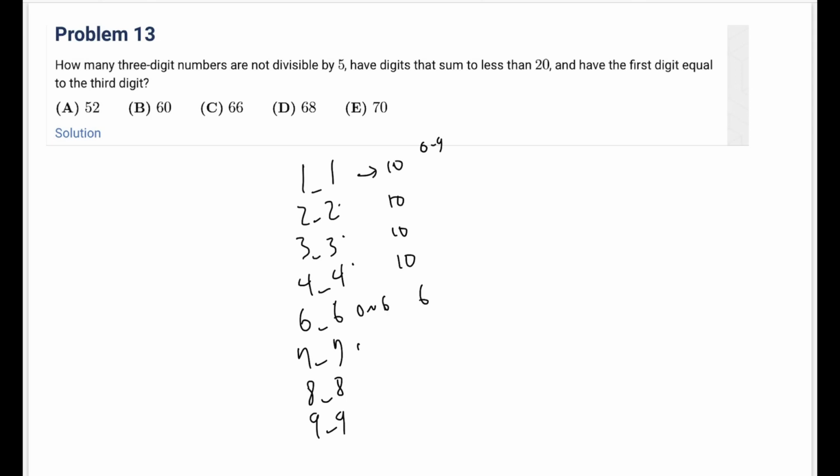So it's 6, 0 to 4, so this will be 0 to 8, this will be 8, 0 to 7, this would be 8, and this would be 9.